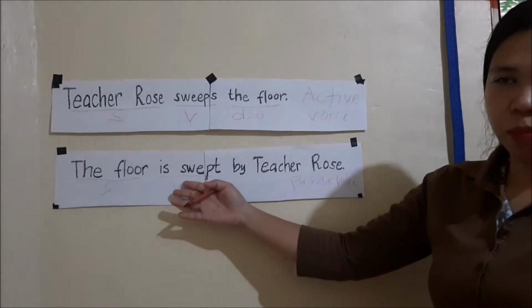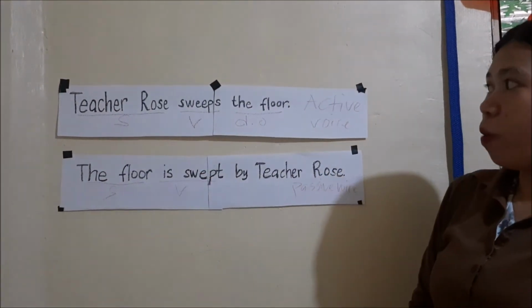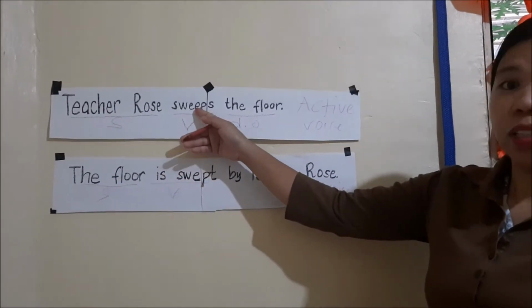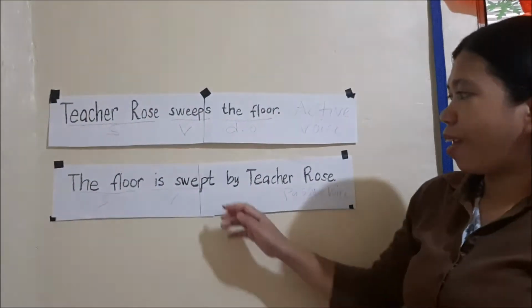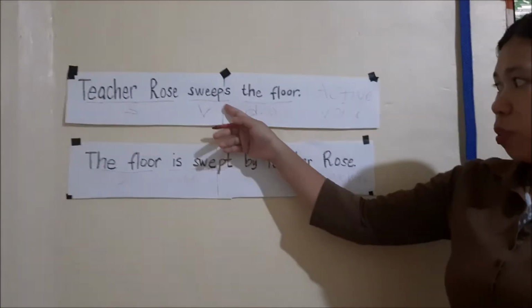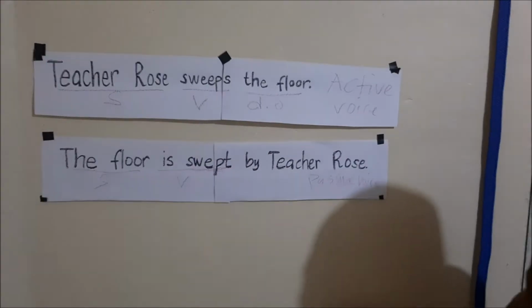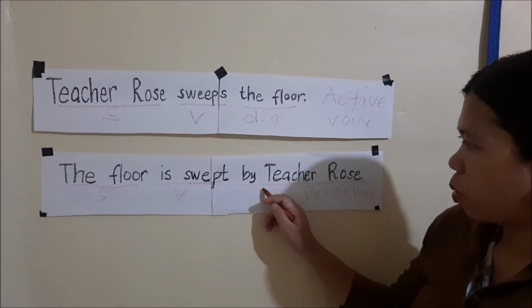Look at the verb. There is already the verb be. And how about this one? Sweeps becomes swept. So we take the past participle form of the verb sweeps, which is swept. And we have here the by phrase, which is by Teacher Rose.